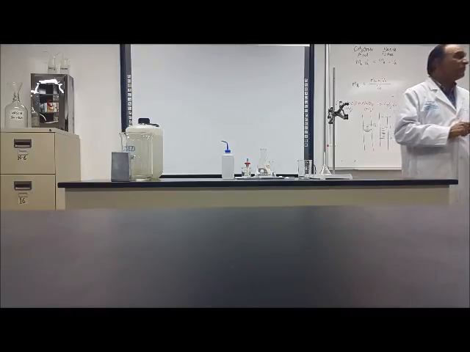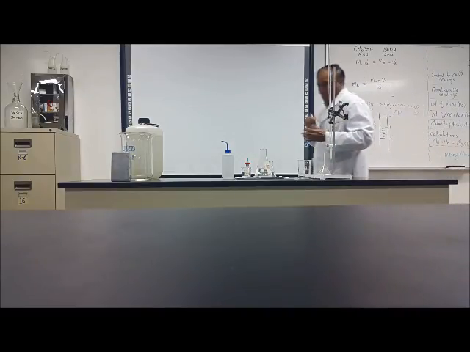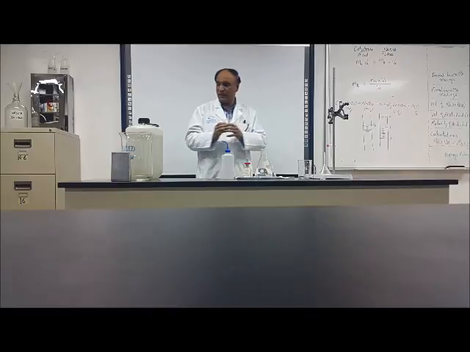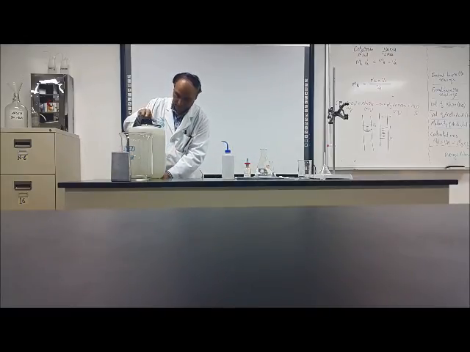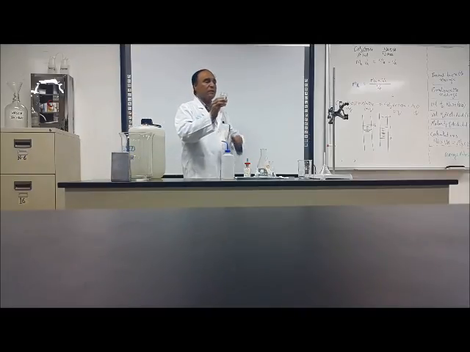I will ask one of the students to bring the small beaker, this one. One student will bring the small beaker, and I will give him sodium hydroxide in the beaker. I will give him some amount.